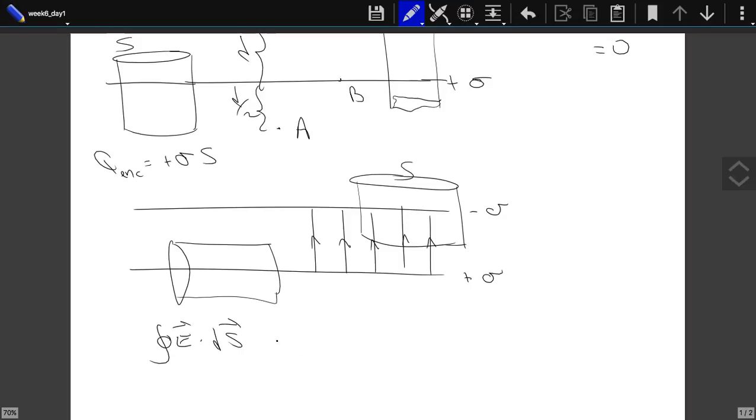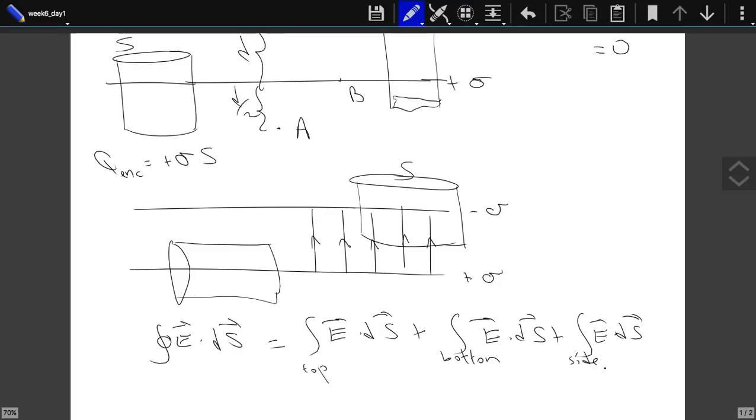Now I can split it into two: the top part plus the bottom part plus the side. Well, the contribution of the top is zero because the electric field is zero over there. This is zero, so the whole integral is zero.